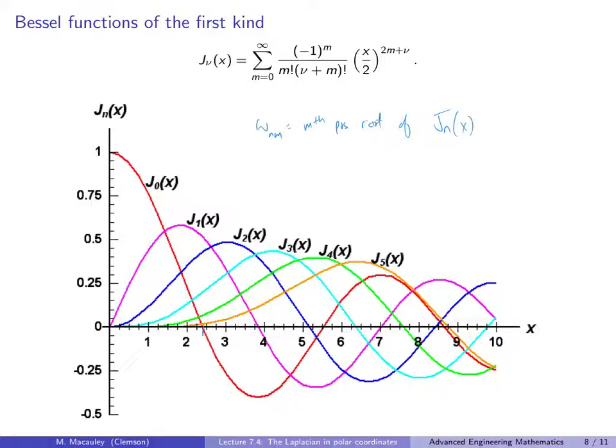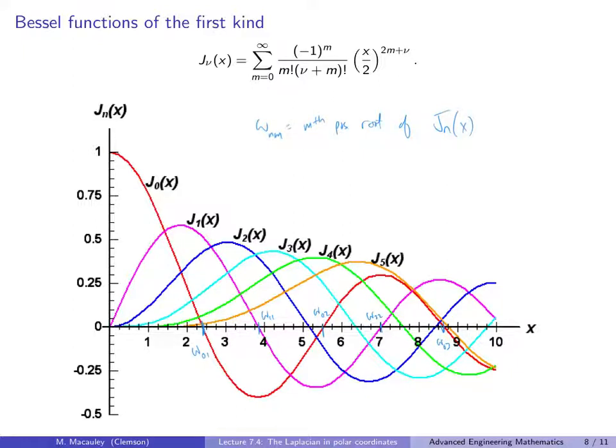So for example, this is omega_0,1. This is omega_0,2. This is omega_0,3. And then J_1 is this pink curve, so this is omega_1,1, omega_1,2, and so forth.